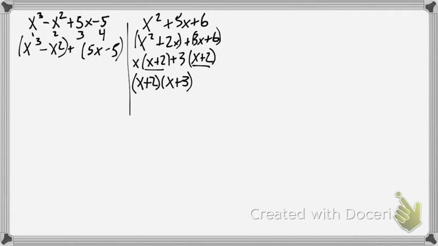Now just factor out our greatest common factor of this term up here. That gives us x squared, x minus 1. Greatest common factor between x cubed and x squared is x squared, plus the greatest common factor of 5x minus 5 is 5.